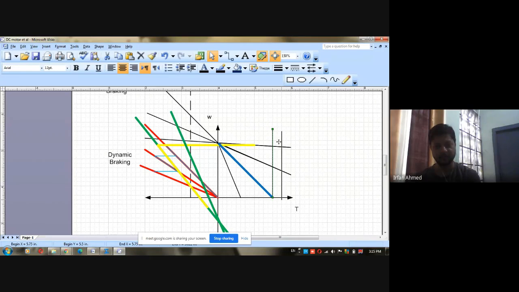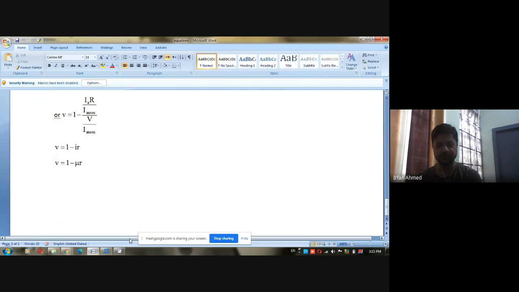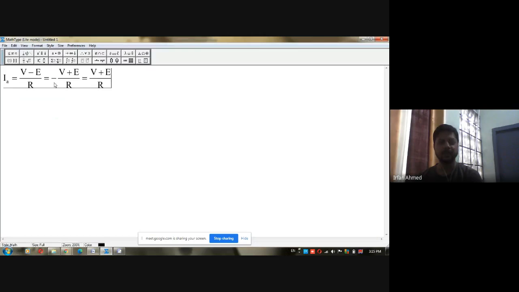And if you further increase the load torque, what will happen? Your crane, instead of going up, will now start going downwards. Your speed will become negative and you will get IA is equal to (V plus E) upon R.